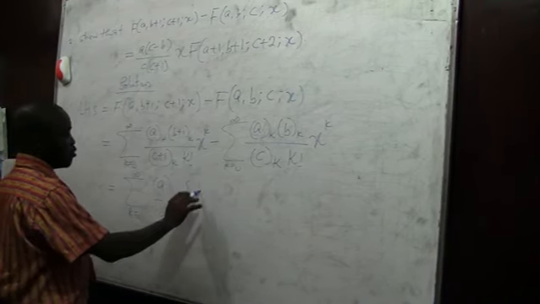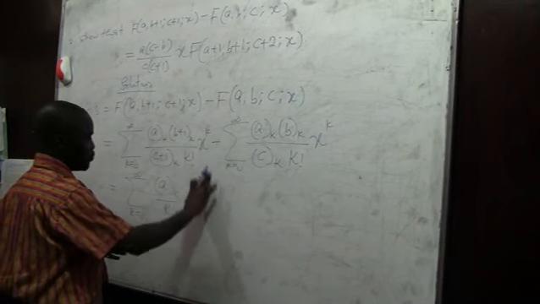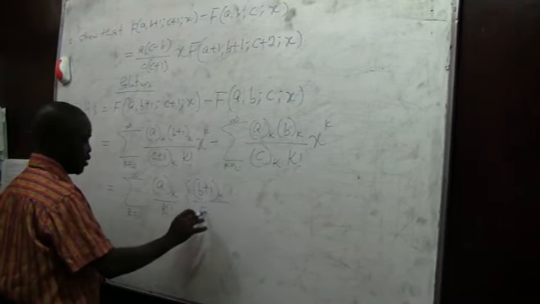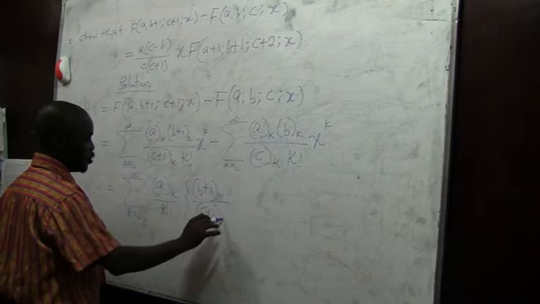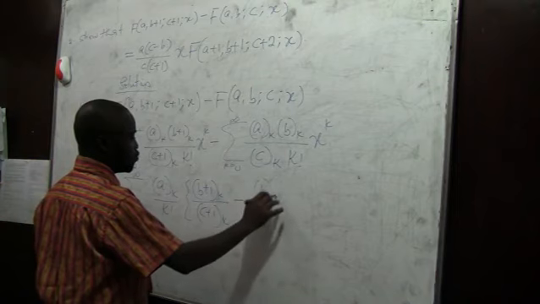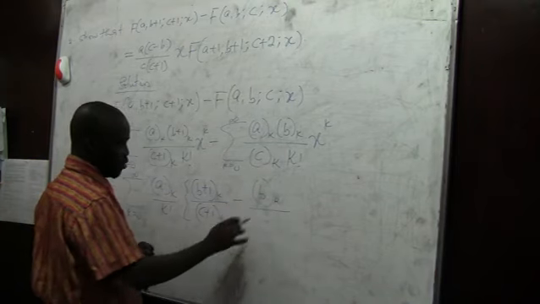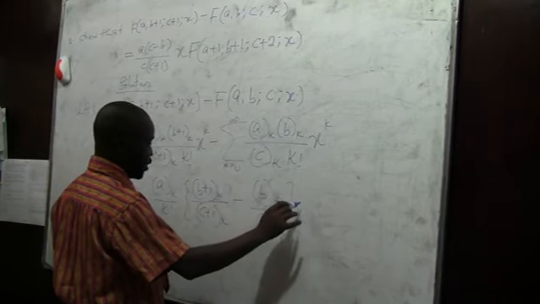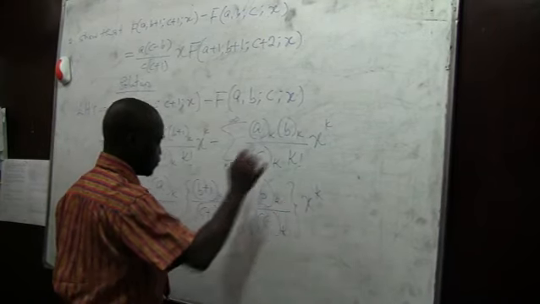I have factorial function of b plus 1 divided by factorial function of c plus 1 minus factorial function of b divided by factorial function of c. Then x raised to the power k.